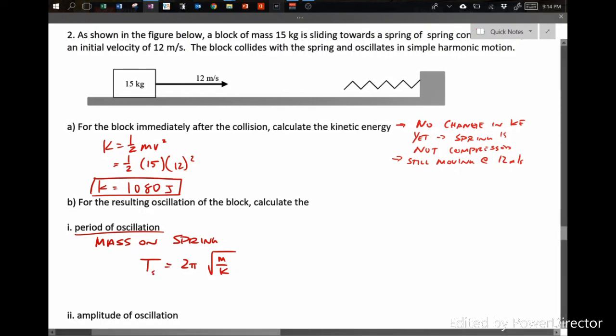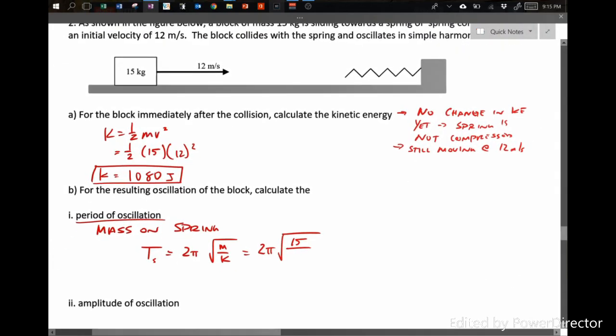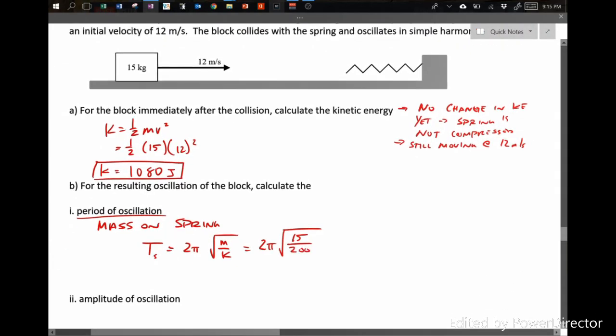You'll see on your formula sheet is T equals 2 pi on the square root of m over k. So we've got 2 pi on the square root of 15 divided by the spring constant, which is 200. We can easily put that in our calculators, and the period comes out to be 1.7 seconds. That's how long it takes for one complete oscillation.